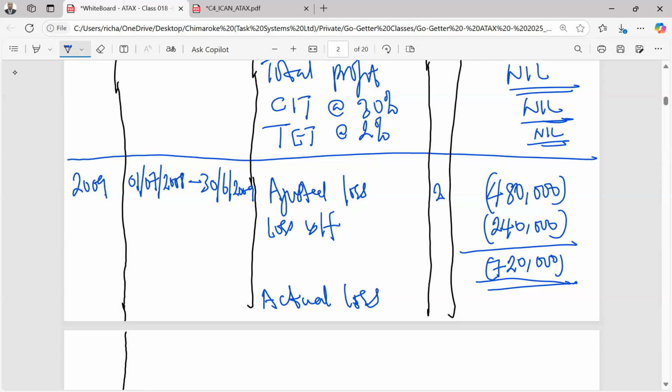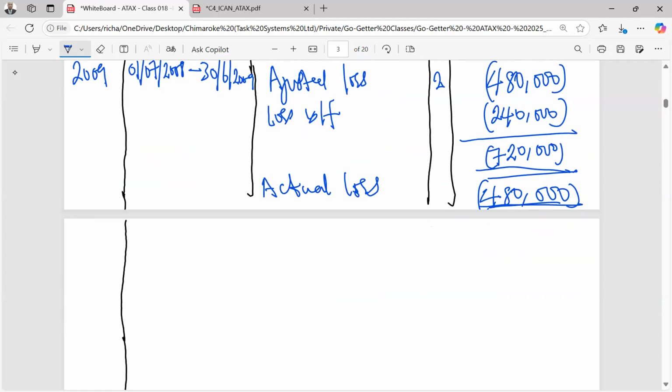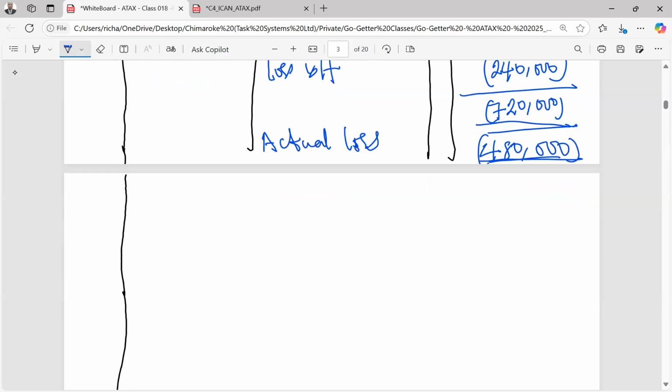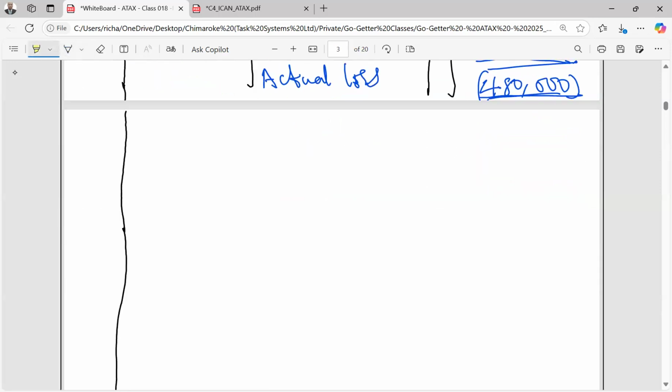The period covered in this 240 is also covered in this 480. So there's no basis for adding the two of them. So we're going to take it as 480. That's what we learned in our loss relief class, that your loss to be claimable will not be more than the actual loss. And this is the actual loss.